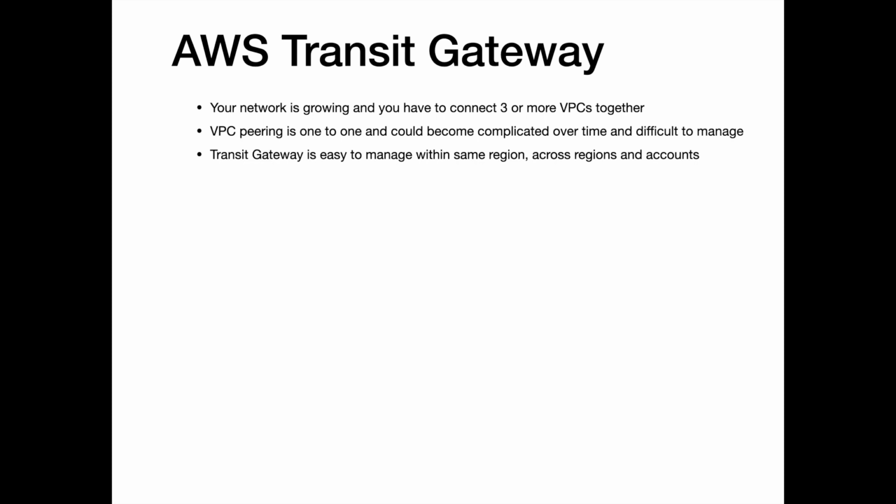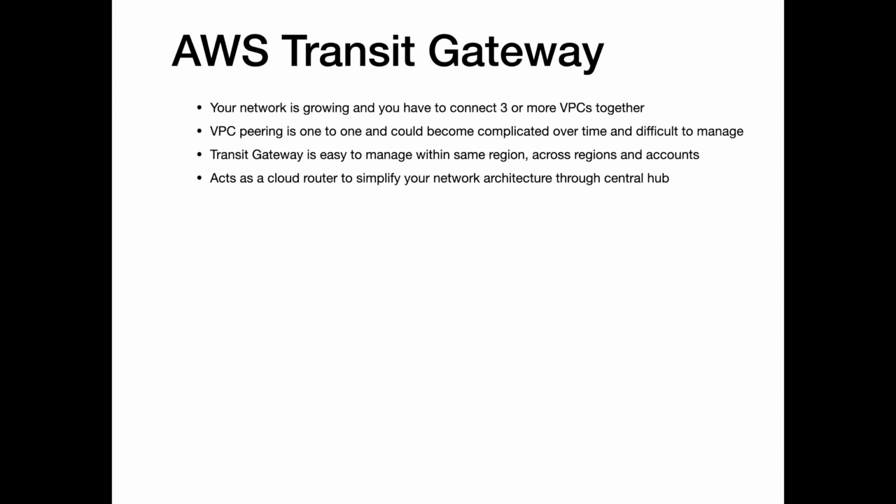Transit Gateway, on the other side, is easy to manage within the same region, and you can also provision Transit Gateway across regions and accounts. Make sure you watch my demo after this, where I'm going to provision Transit Gateway across different regions and within the same region.